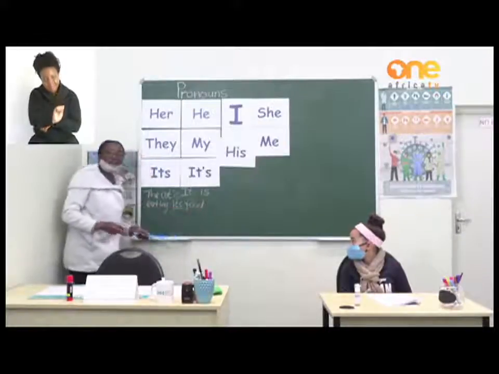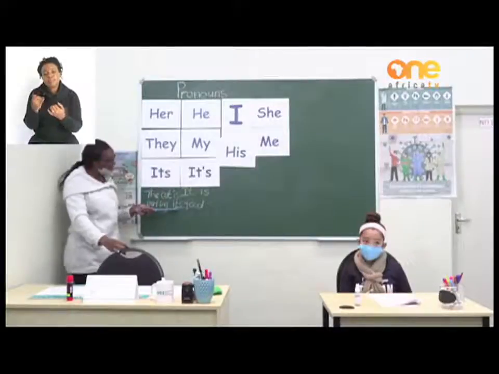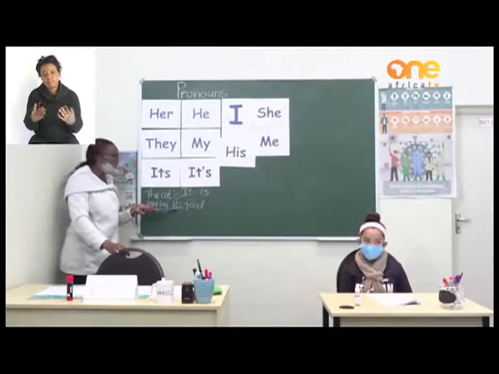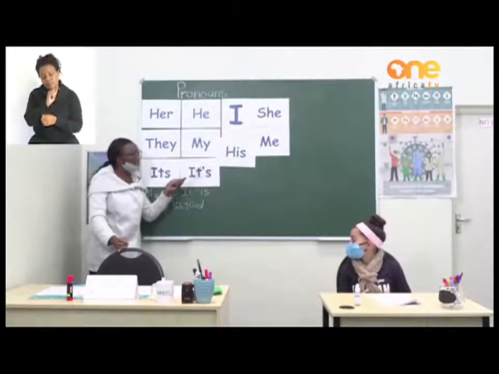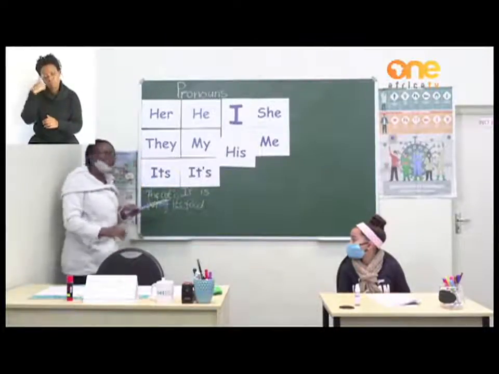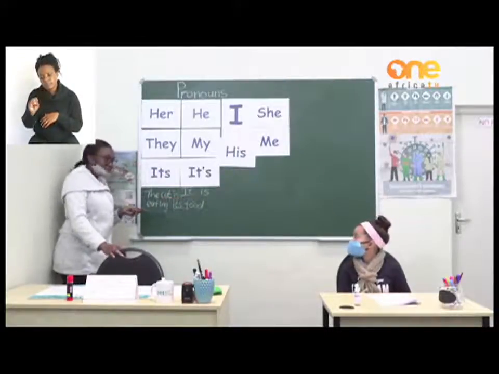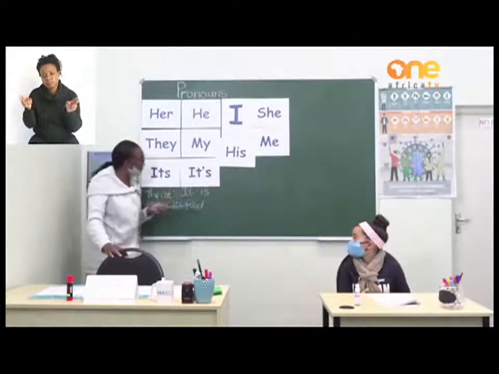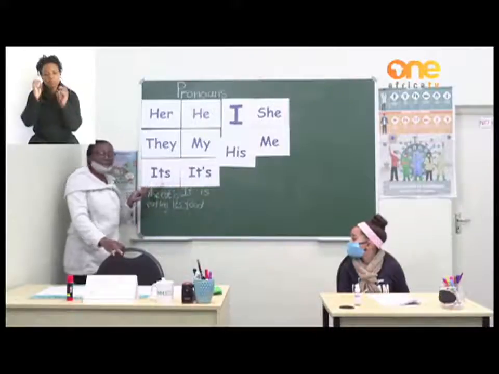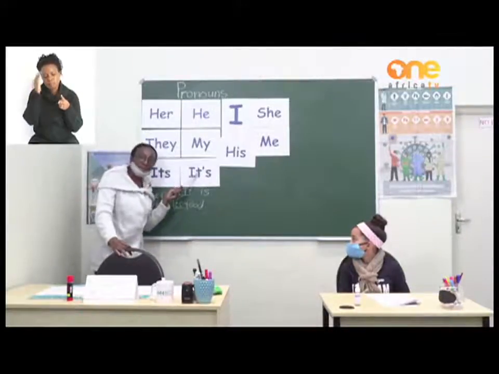I hope you can see the difference between the two. This is for possession, that means it's for belonging, and this is for contraction, meaning the word is shortened or made smaller. Chanel, can you see the difference? I hope you're not going to confuse these two. Its without an apostrophe and it's with an apostrophe.